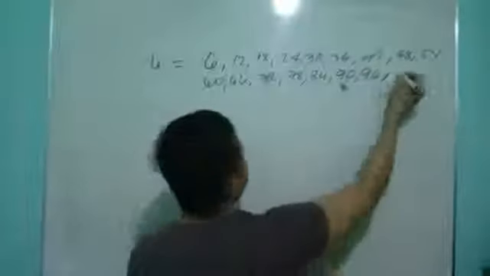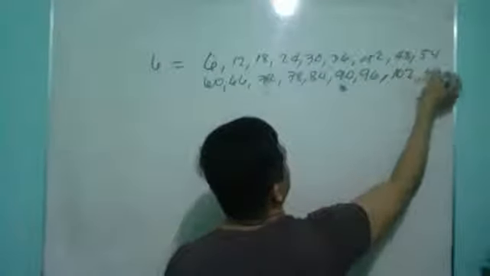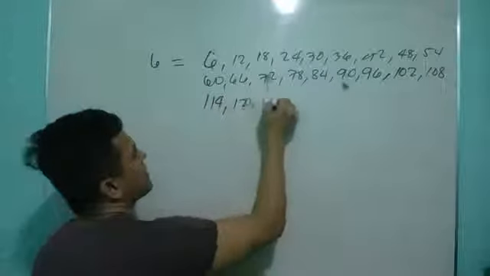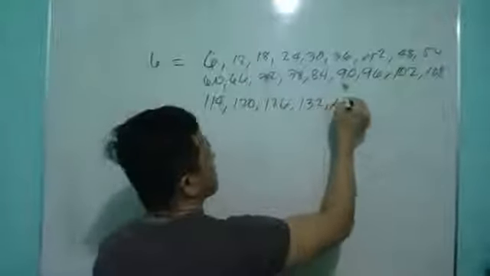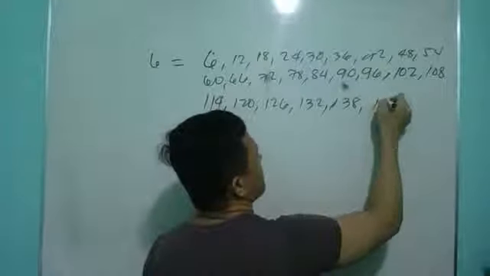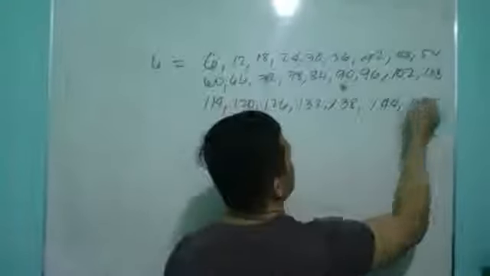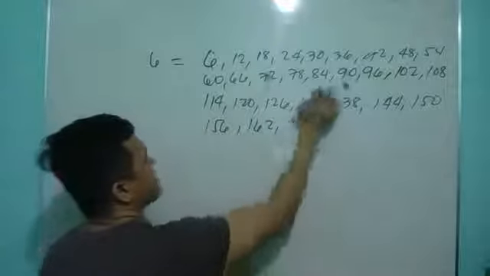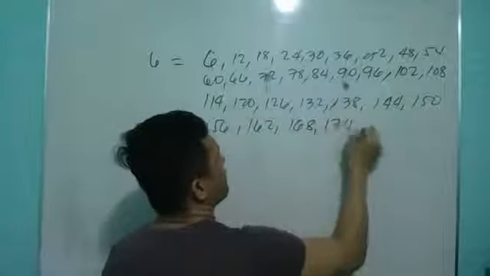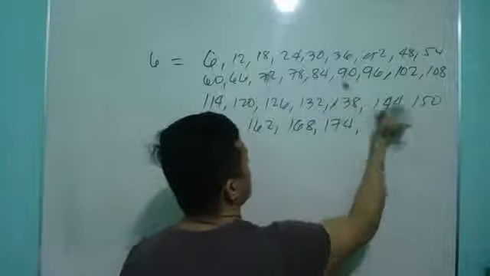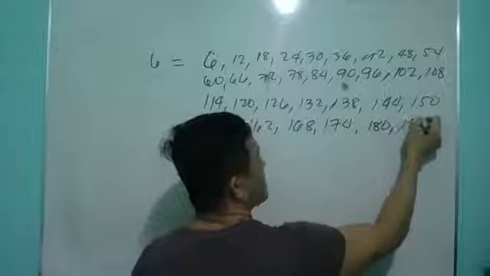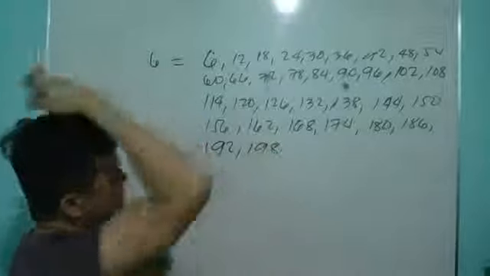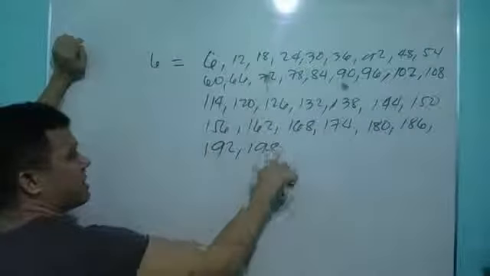And then 96, 102, 108, 114, 120, 126, 132, 138, 144, 150, 156, 162, 168, 174, 180, 186, 192, 198. Okay, so these are the multiples of 6 until 200.